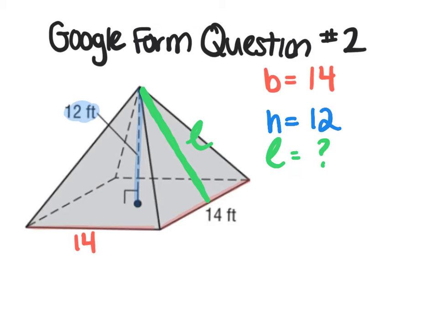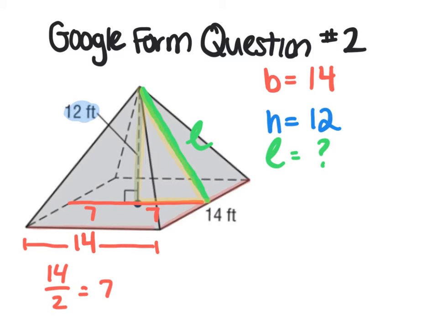However, like we said before, since this whole side length is 14, if I draw on a side parallel, since 14 over 2 is 7, I know this part is 7 and this is 7. So this gives us a right triangle right here as I'm highlighting.